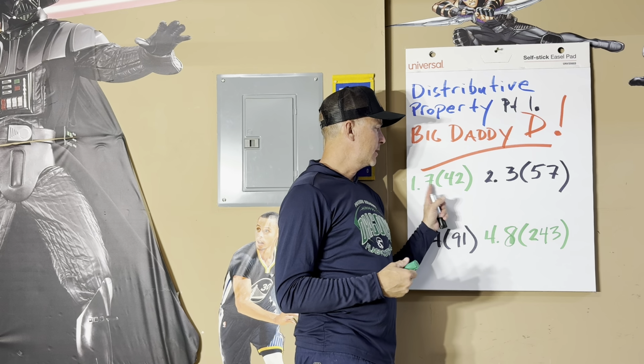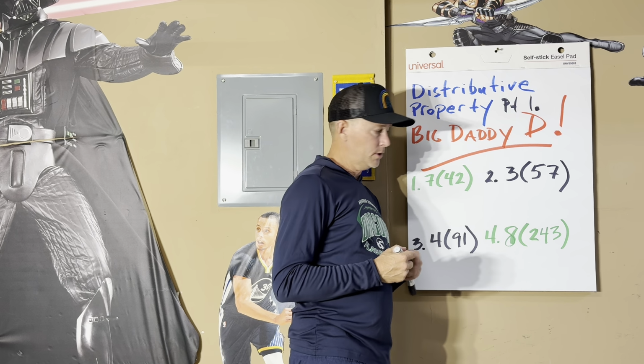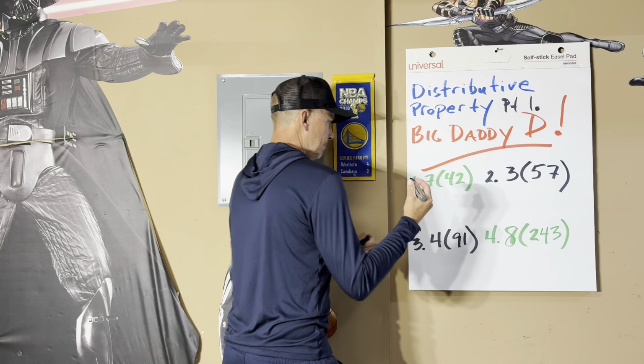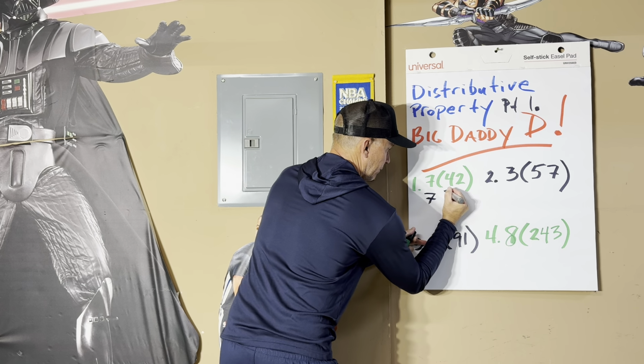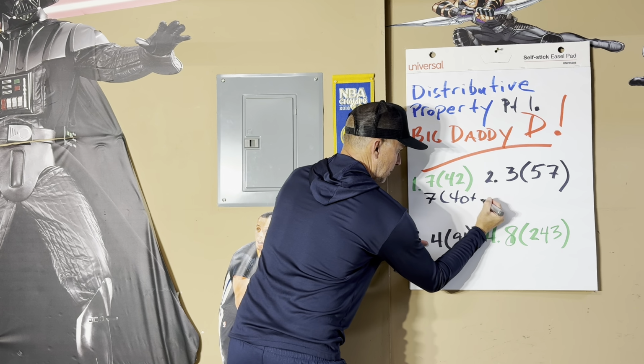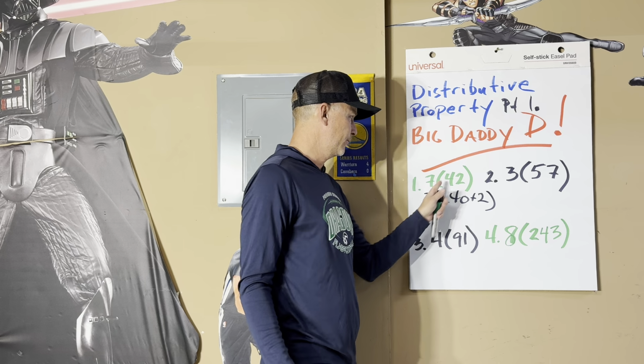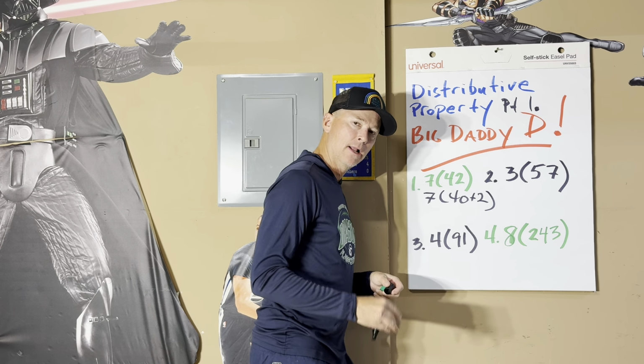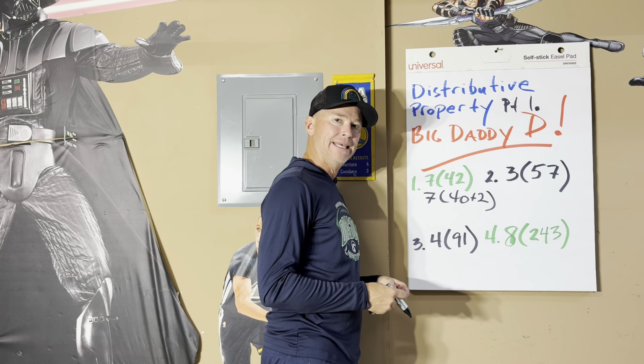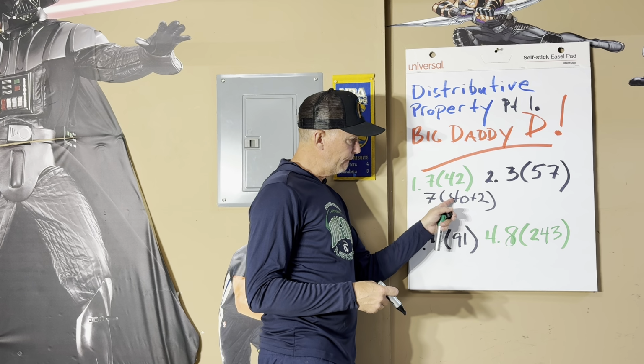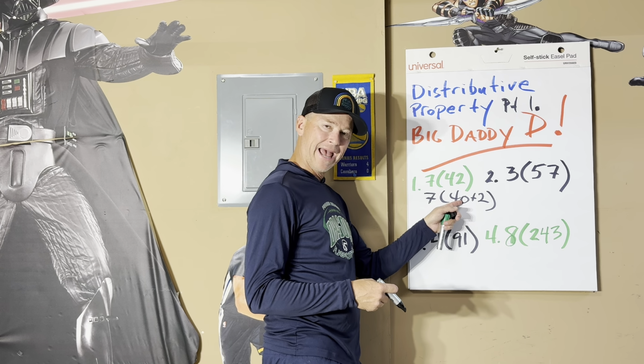All right, so 7 times 42, distributive property. Let me show you. I'm just gonna walk you through these really quickly. What you do is you take the 42 and you make it 40 plus 2. You just get this to the tens. And the reason why you do that is you can do them in your head easier. Because 7 times 4 is 28 and you just add that 0.